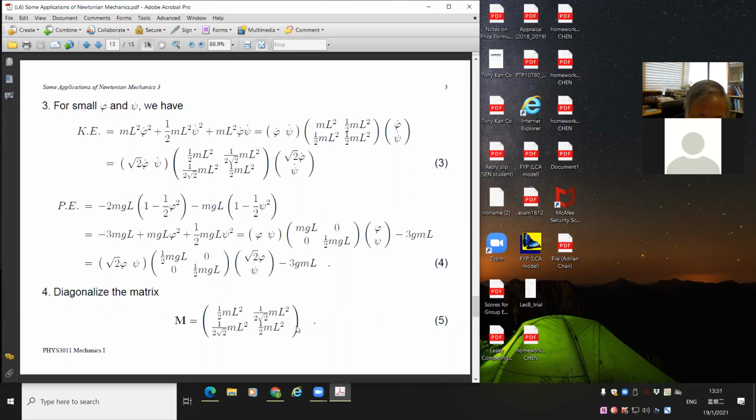But when you go to n by n, it may not be so simple anymore. Then we have to make use of another systematic approach.